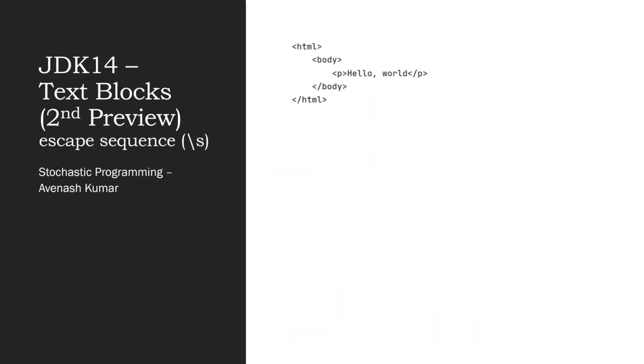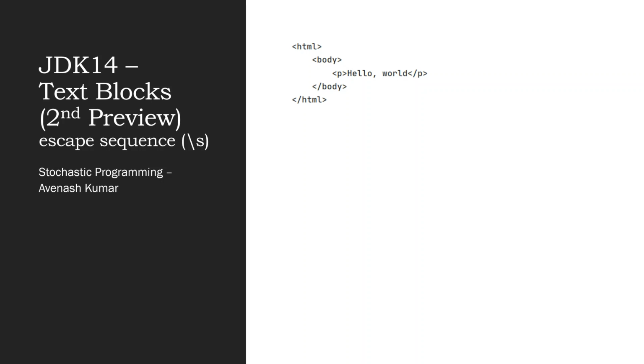The next feature in JDK 14 is related to text blocks. You might be wondering, what is a text block? A text block is a multi-line string that avoids the need for most escape sequences and automatically formats the string in a predictable way.